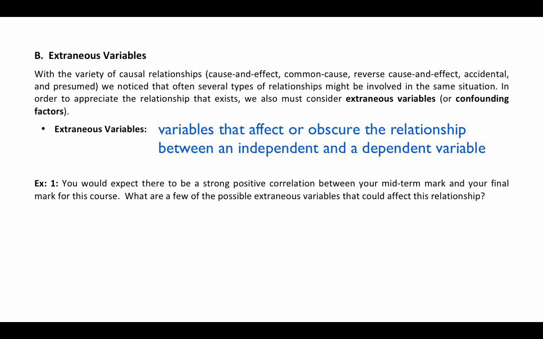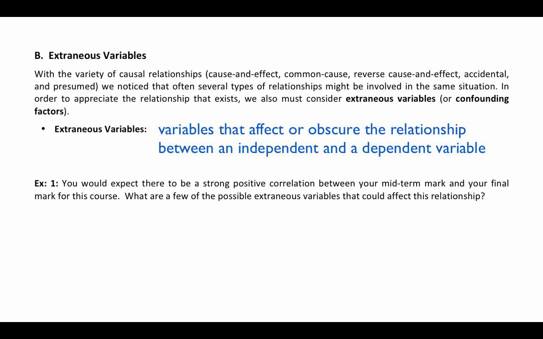All right, so let's look at an example. You'd expect there to be a strong positive correlation between your midterm mark and your final mark for this course. You assume that a high mark at midterm would likely lead to a higher mark at final. What are some of the possible extraneous variables that could affect this relationship?